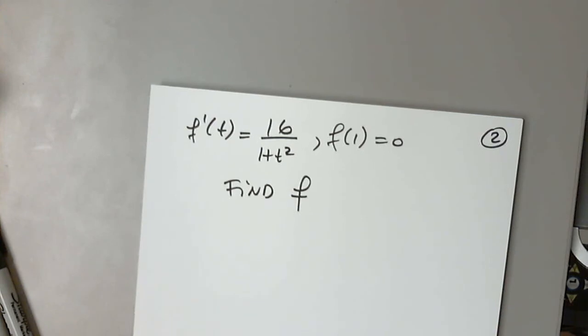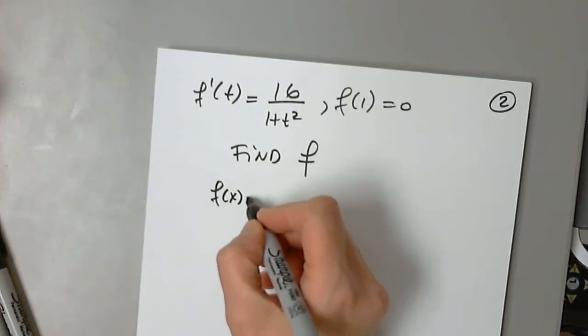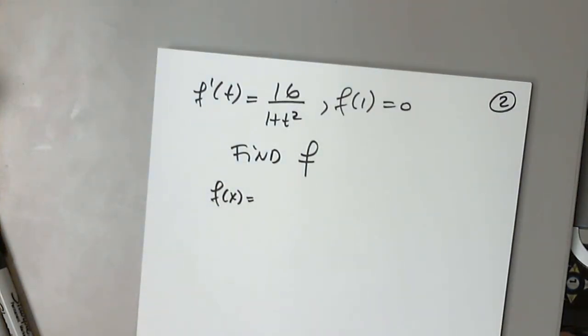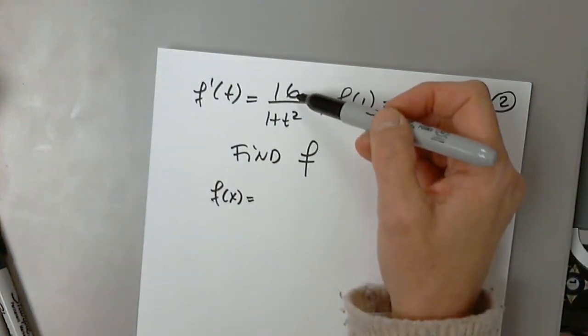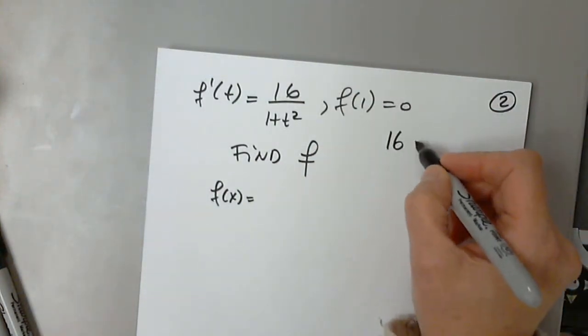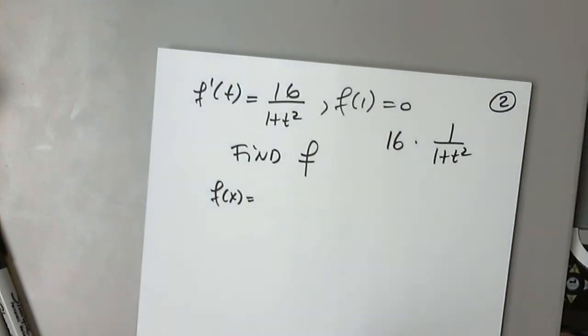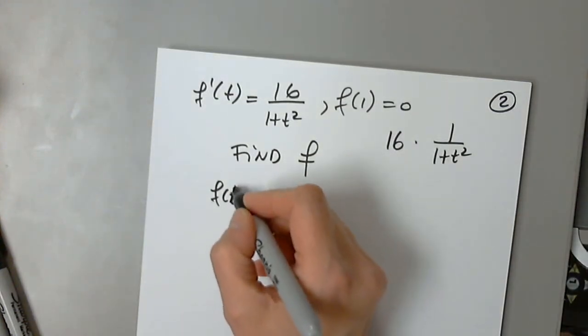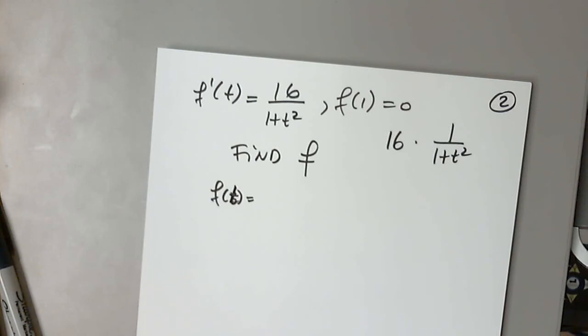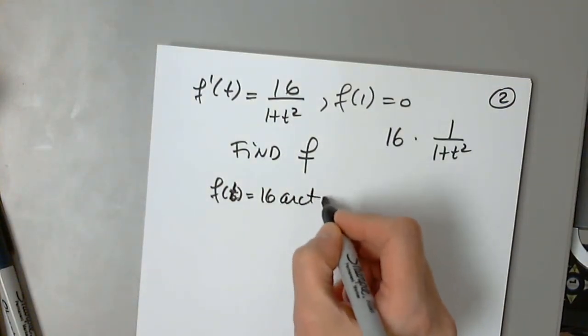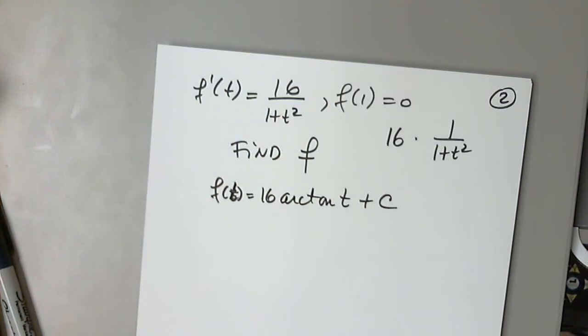So we want to determine f of t, and we're asking ourselves, which function has derivative 16 multiplied by 1 over 1 plus t squared? Oh, since it's t, allow me to change it. Sorry about that. So we're asked to find f of t. So exactly, this will be 16 arctangent t plus a constant c. So this is the function.